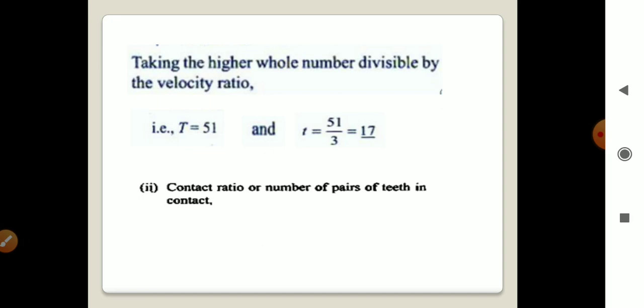Now next, we have to find out the contact ratio, or number of pairs of teeth in contact. For this contact ratio, we must know the arc of contact. So our arc of contact, we must know the path of contact. So n is equal to, the formula is, arc of contact divided by circular pitch.